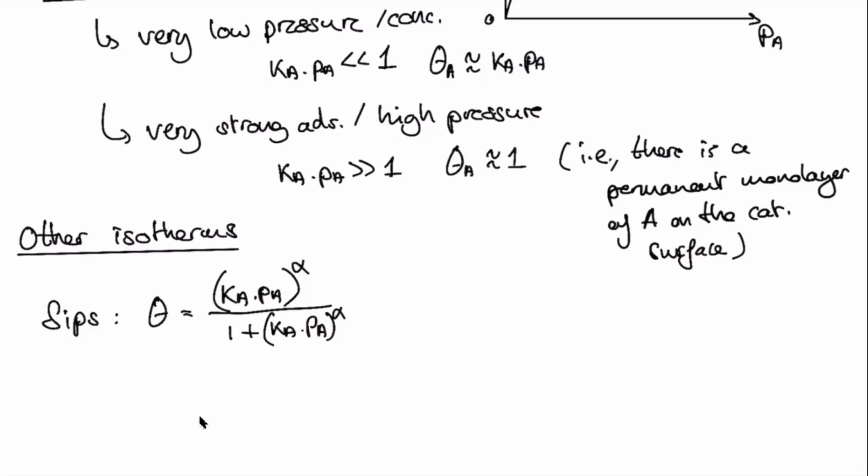They have some kind of distribution of energies. Maybe, if you stuff a particle really hard together, the microenvironments can be slightly different. And therefore, you can have a very broad distribution of different types of binding sites with different binding energies. And therefore, your adsorption isotherm gets an additional factor in there.